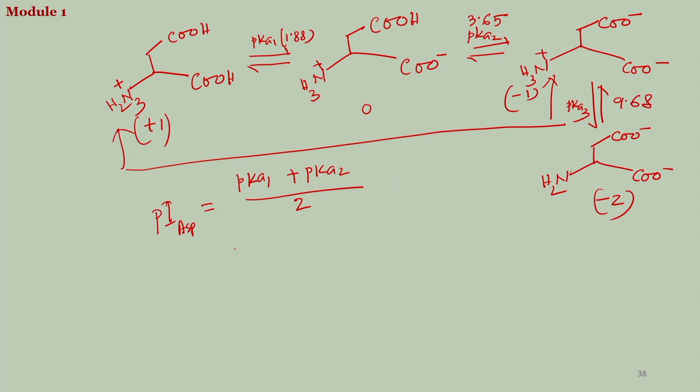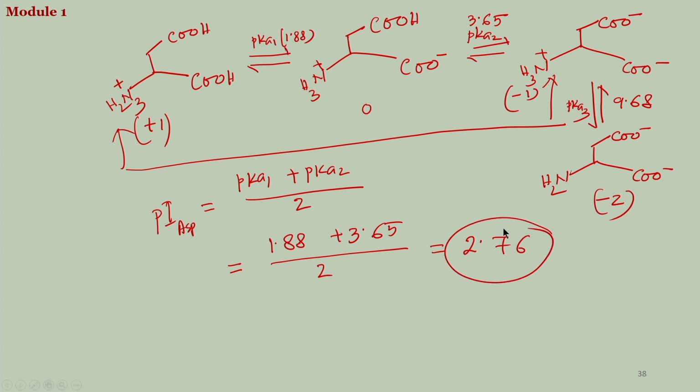So, pKa 1 is 1.88, pKa 2 is 3.65. So, it is already different from glycine, because in the glycine case this one was coming into the picture. Divided by 2, the average is around 2.76. This is the pI of aspartic acid.